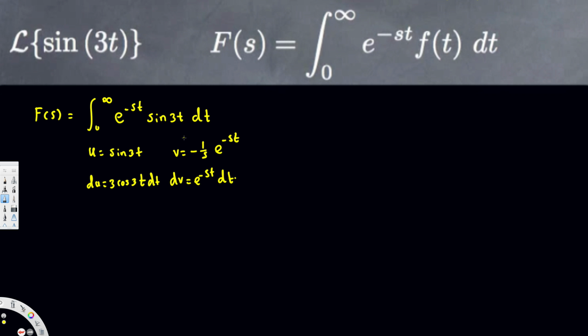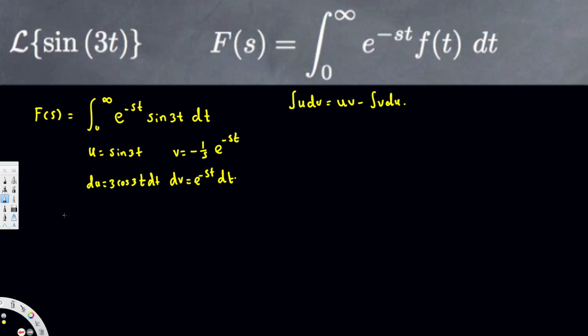Also, to do integration by parts we use this equation: integral of u dv equals uv minus integral of v du. Now let's write this one in that way. Here we have u equals sine 3t and v equals negative 1 over s e^(-st).